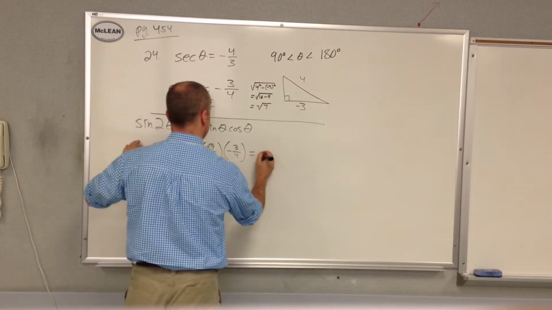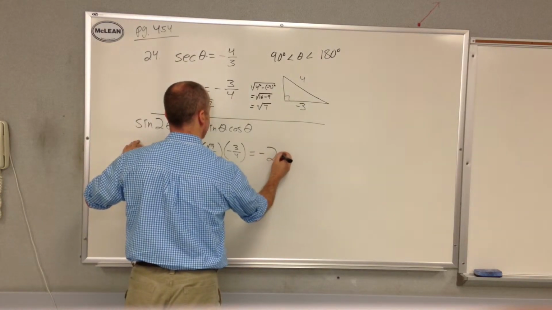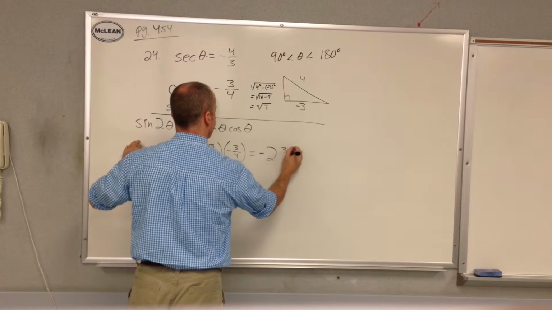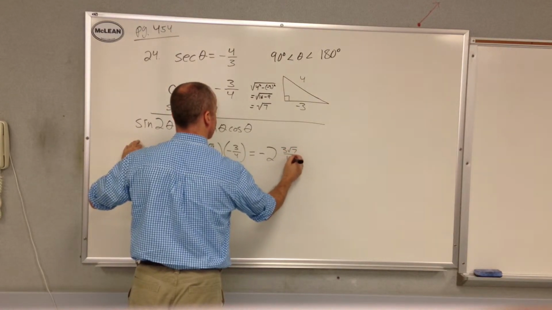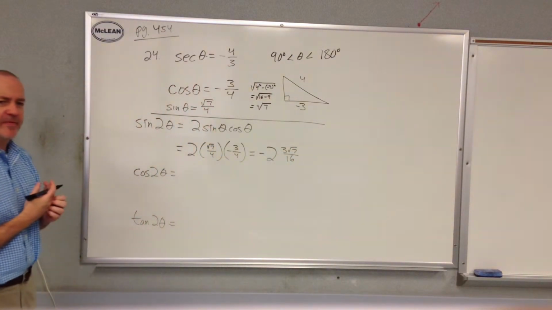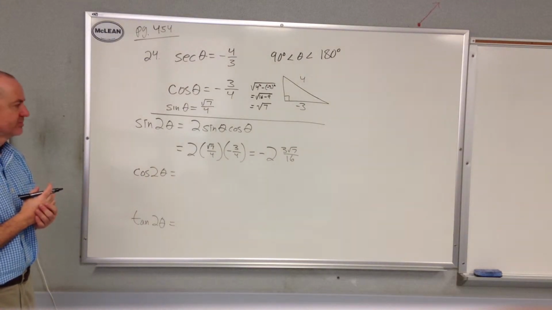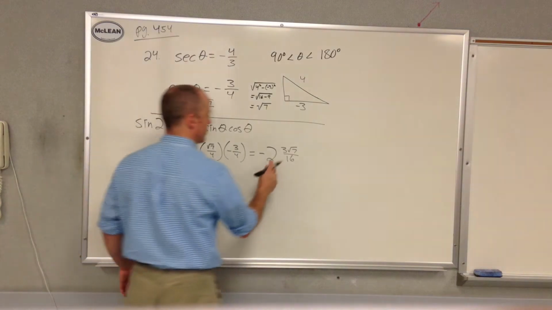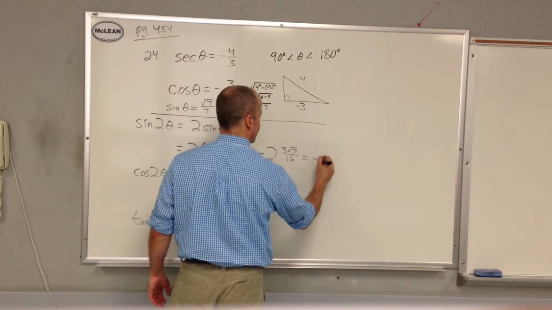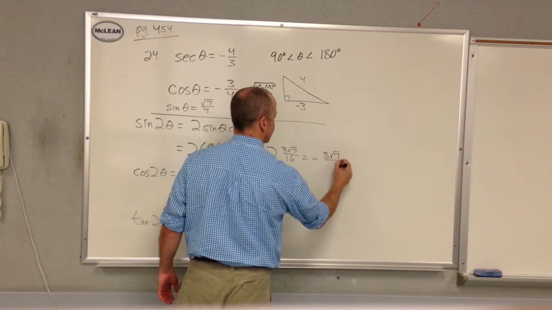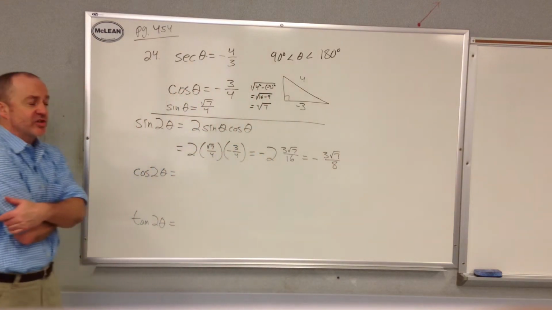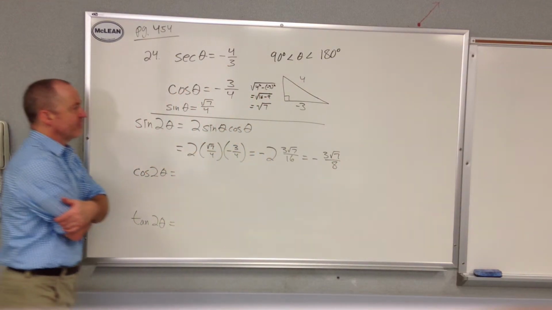So that is going to be negative 2 times 3 root 7 over 16. Is that correct? Yeah. The 2 and the 16 can reduce with each other, and I'm going to get negative 3 root 7 over 8. And that should be the sine of twice.